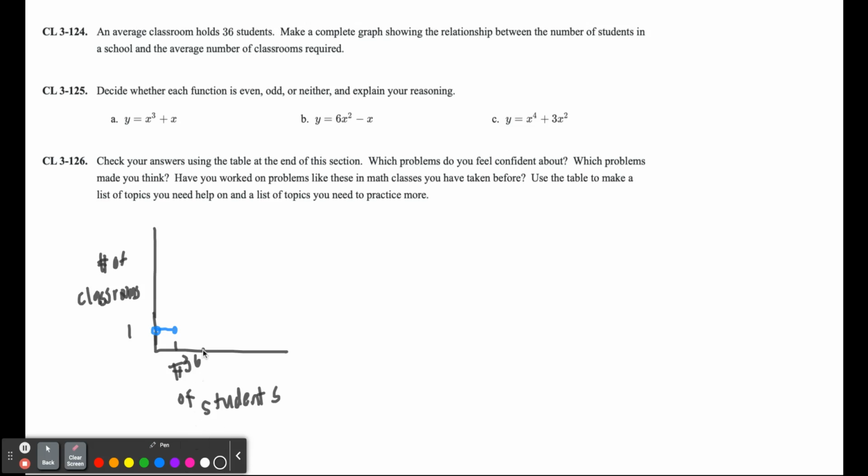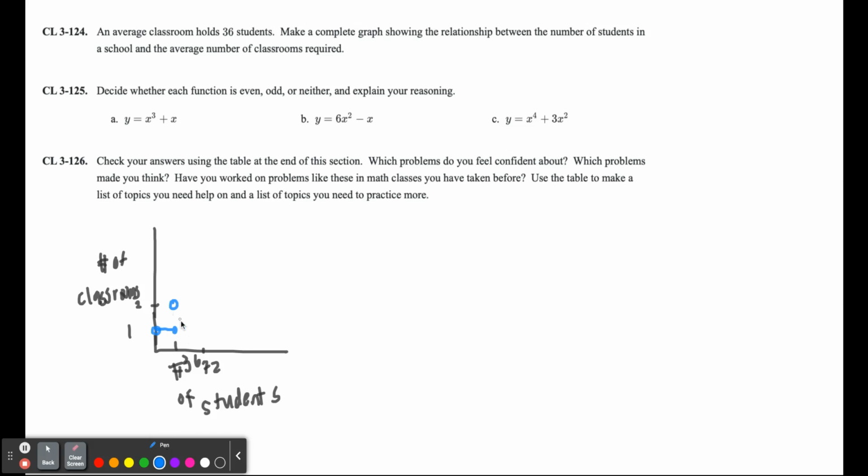But then if you had 37 students, you would need 2 classrooms. So 36, you need one classroom.